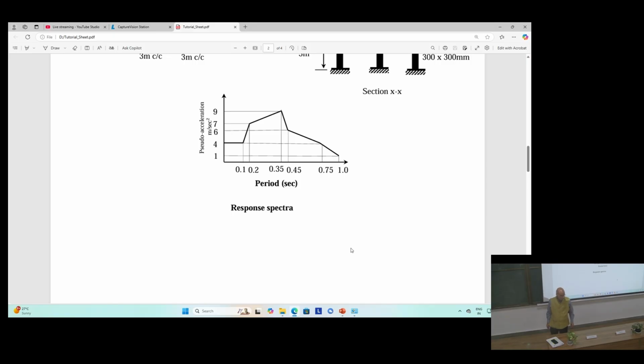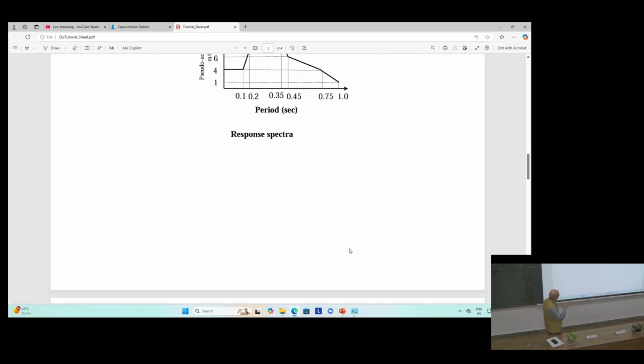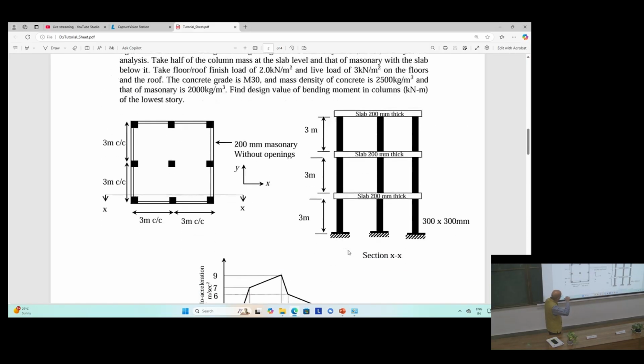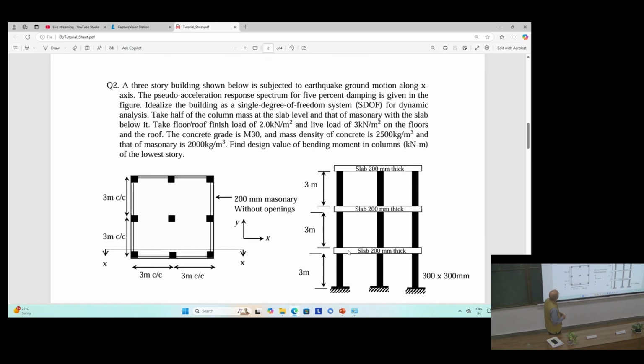The task before you is: you have to model this as a single degree of freedom system. So idealize the building as a single degree of freedom system for dynamic analysis.